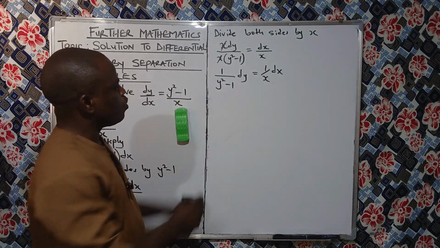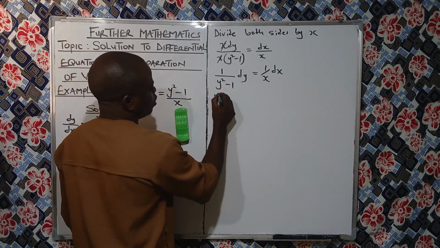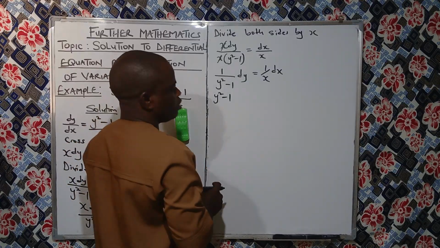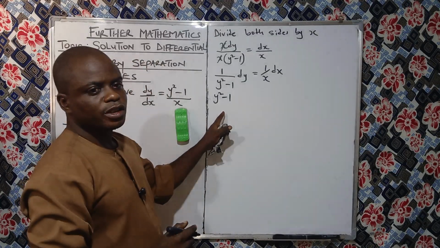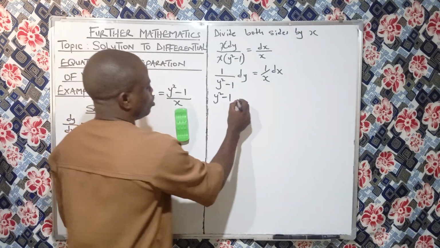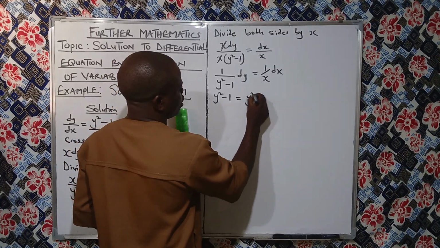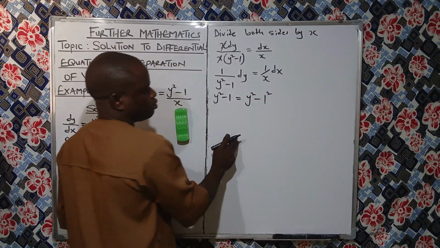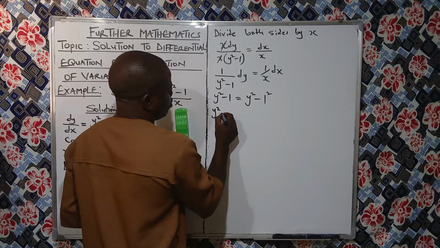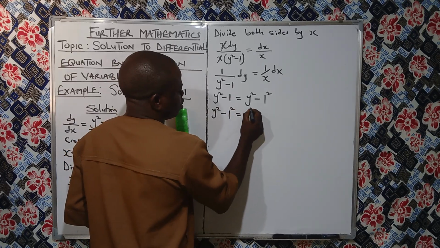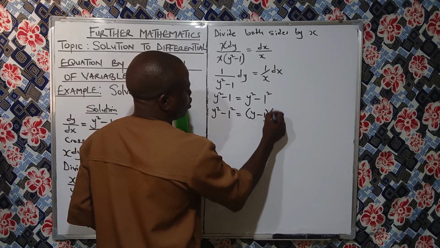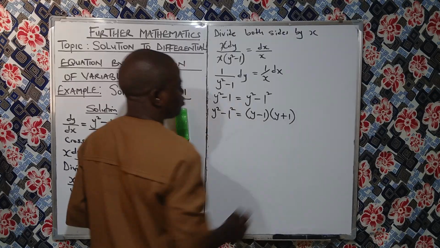Now, don't forget that y squared minus 1 is an expression for difference of two squares, which can be written as y minus 1 times y plus 1.